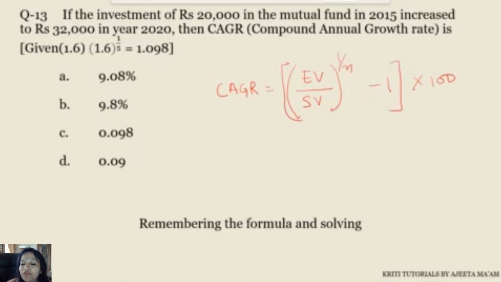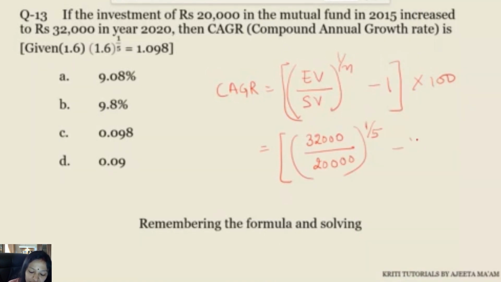If you compare it with the formula of compound interest also, we can do this. Now, CAGR for 5 years, so your n will be 5. We have to simply substitute that 32,000, and your SV is 20,000, and your time is 5 years.